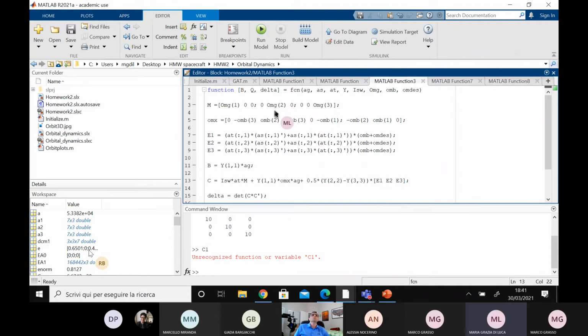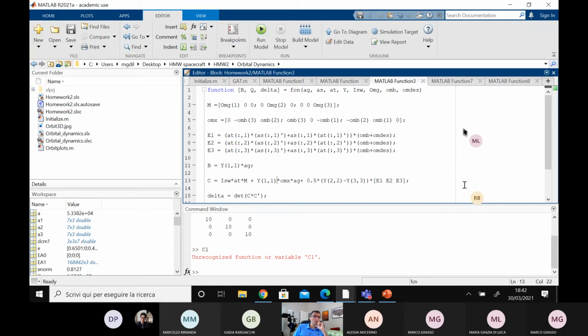It's the spin rate, the reaction rate. Yes. So that's a matrix that has omega 1, omega 2, and omega 3 on the diagonal. Okay. And then you have omega x, the skew symmetric matrix. Can you check that that's correct? That could be something else.